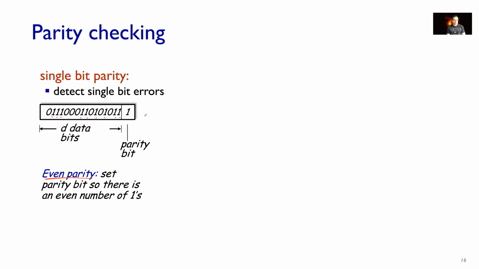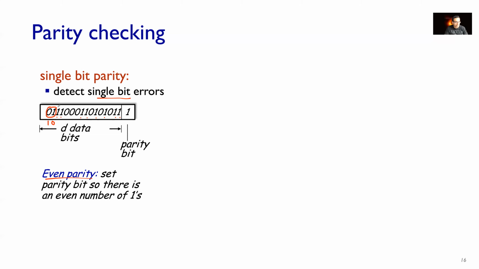Now, mind you, this can only reliably detect single bit errors. If you think of some simple examples, let's say these 2 bits were erroneous, so if this was a 1 and this was a 0, then you'll quickly see that this will not detect an error because it still matches the even parity logic. So the receiver will think this was not erroneous.